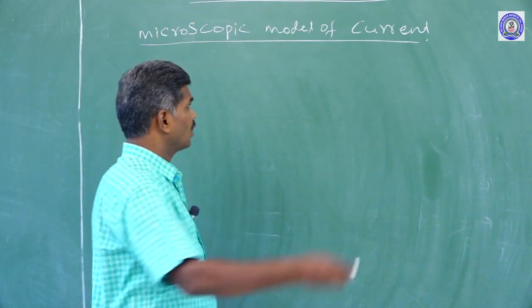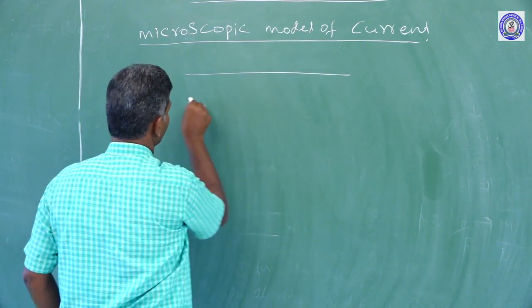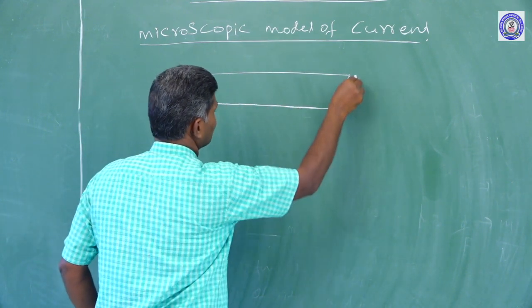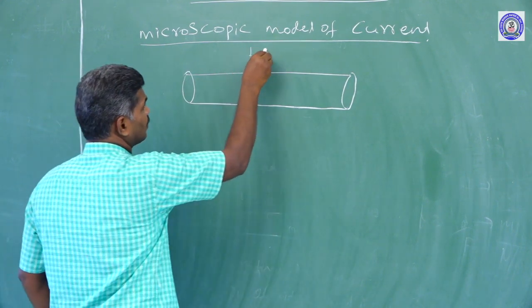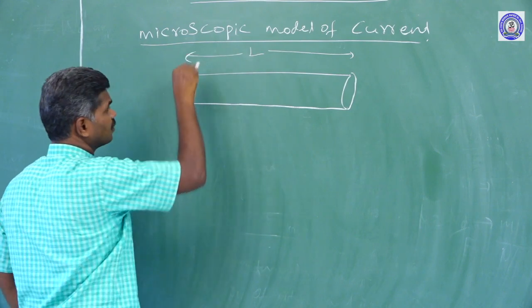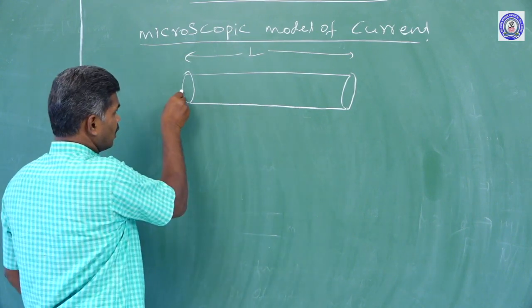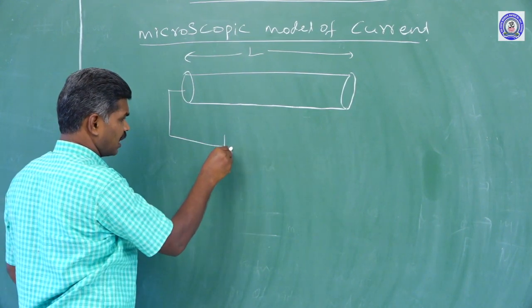For that, we take a conductor of cylindrical shape, a copper conductor. Its total length is represented as L, and this conductor is connected to a battery.